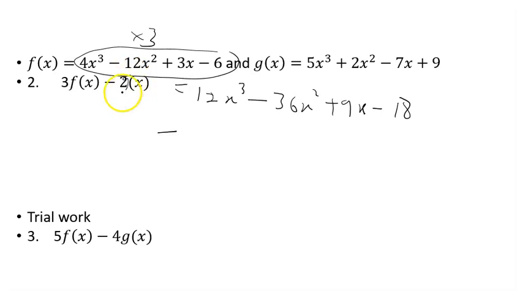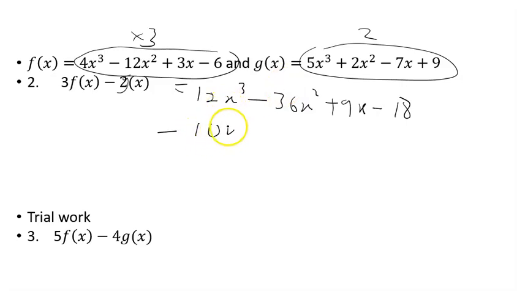So let's write 2g of s. The whole of this times 2. 2 times 5, we have 10s cubed. 2 times 2s squared, plus 4s squared. 2 times minus 7, minus 14s. 2 times minus 9, minus 18.